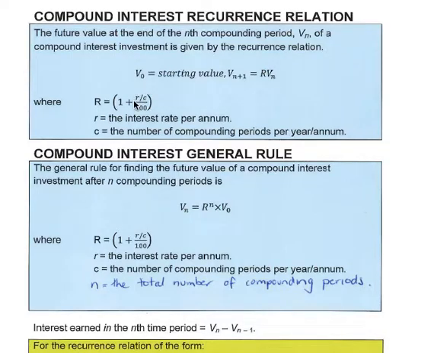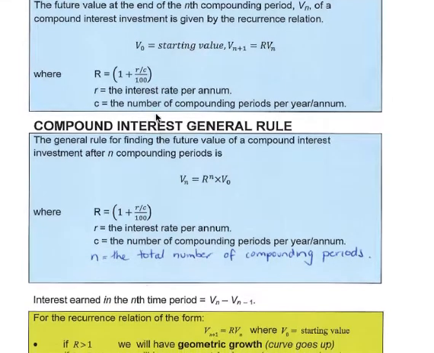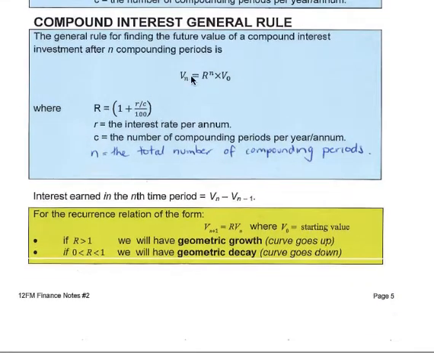But usually it's yearly, and in our case it was just 5 over 100. And the general rule uses that rate, 1 plus 0.05, to the power of whatever year you're looking for. So this value and this value are the same: the total number of compounding periods, or usually the total number of years.